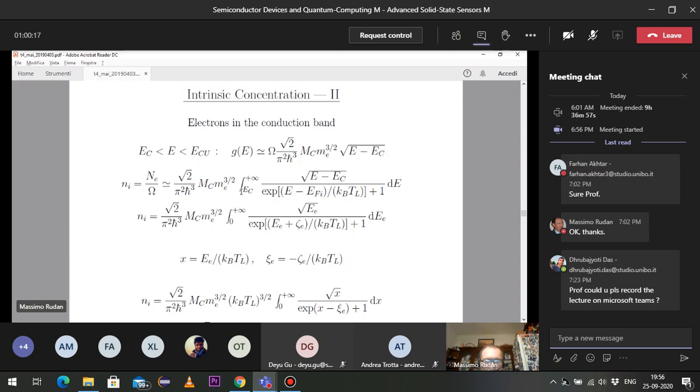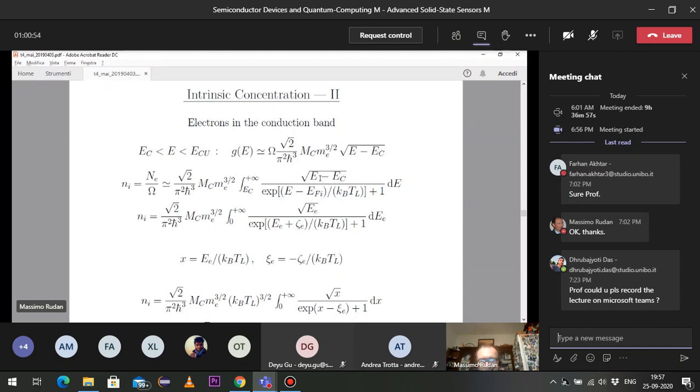In principle, the integral should go from E_C to E_CU, but since this Fermi statistics has the exponent in the denominator, the integrand decays exponentially very quickly, okay? So we don't make a big mistake if we replace the upper limit E_CU with infinity, because when we reach the energy E_CU, the integrand is already negligible.